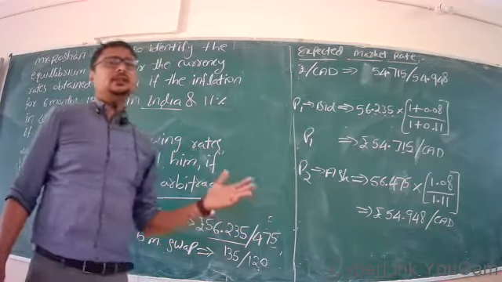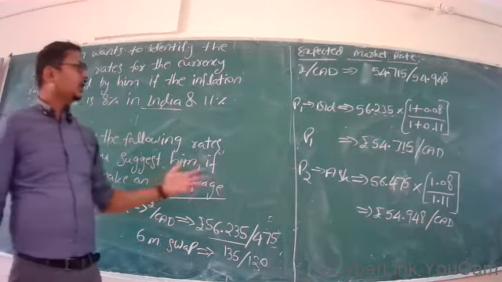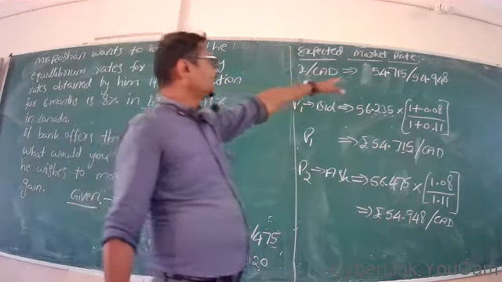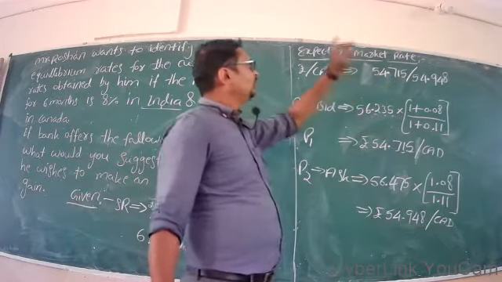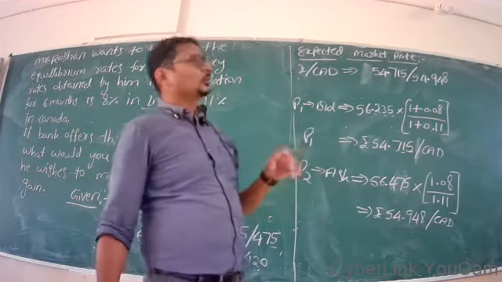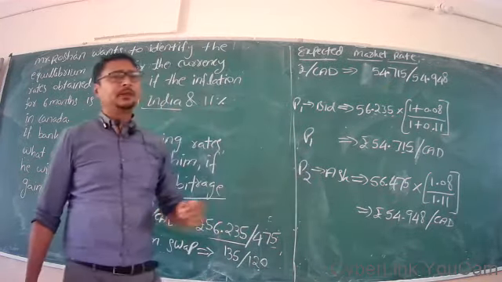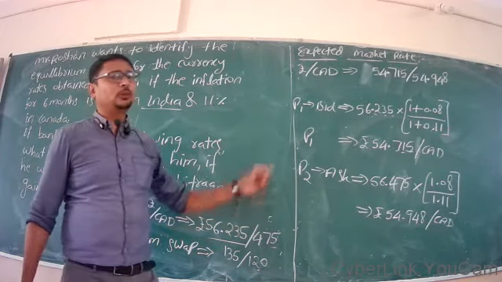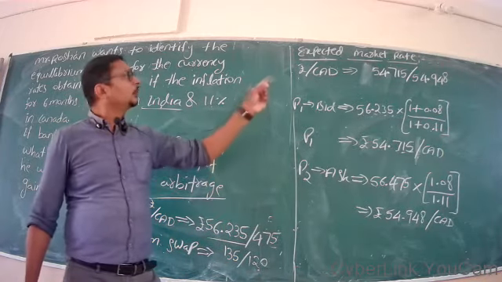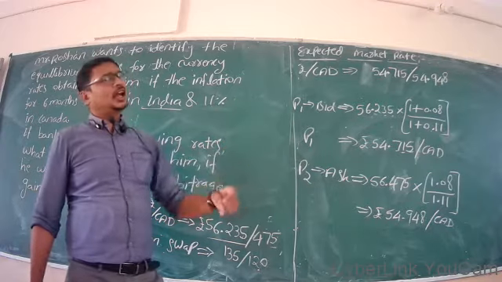So we have the market rate: 54.715 rupees per Canadian dollar as the bid price and 54.948 rupees per Canadian dollar as the ask price.